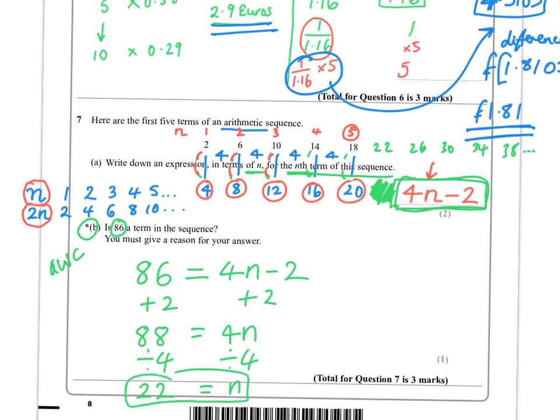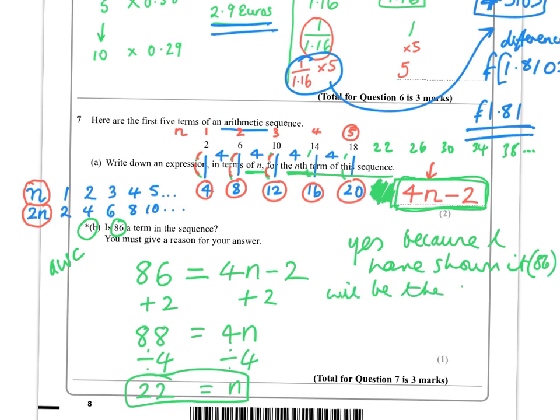So yes, n's a nice whole number, and it would be the 22nd term in the sequence. So I would say yes, because I have shown 86 will be the 22nd term. Okay, let's move on.